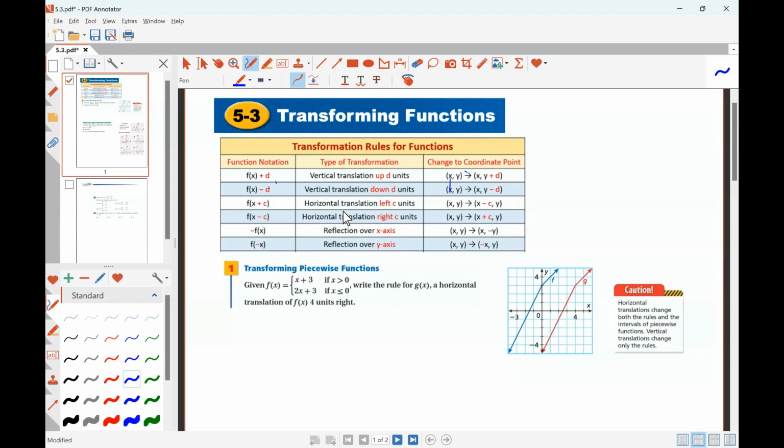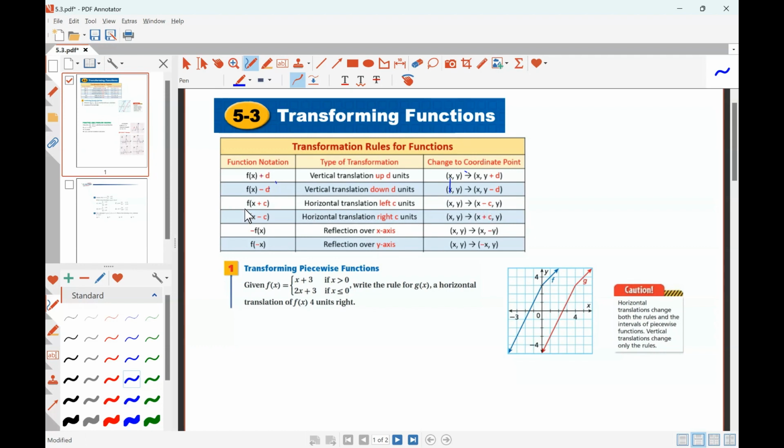If you want to move your function c units to the left, you subtract c from the x value. So your y will not change in the point. When you move the point, y won't change. It's horizontal translation. Only x will be affected.